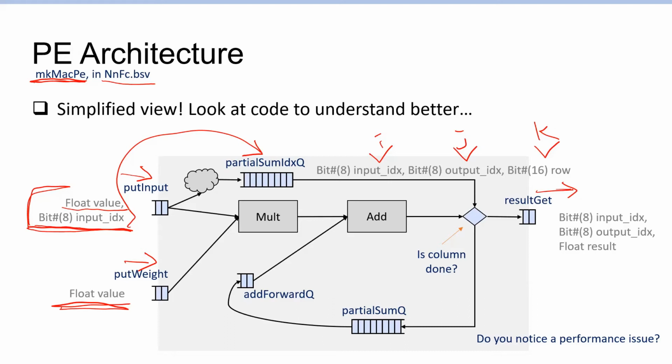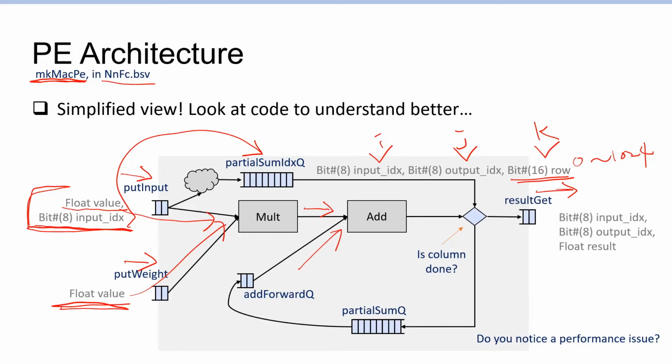For the 2 float values, you put them into the multiplier, and the resulting value of the multiplier gets pushed into the adder, and it gets added together with the current partial sum, because that's what matrix multiplication is supposed to do. Based on the K value, which goes from 0 to 1024 in our example, because the input dim is fixed at 1024 for this purpose, if the row is 1024, we know that this partial sum is now the full sum.